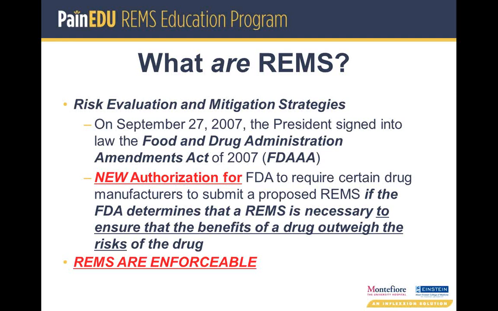The most interaction that I would likely have with the Food and Drug Administration is reading the label of a medication and the Food and Drug Administration determining what that is.